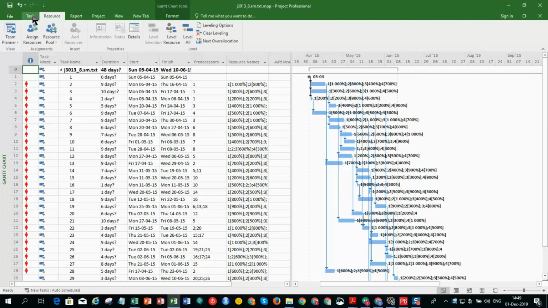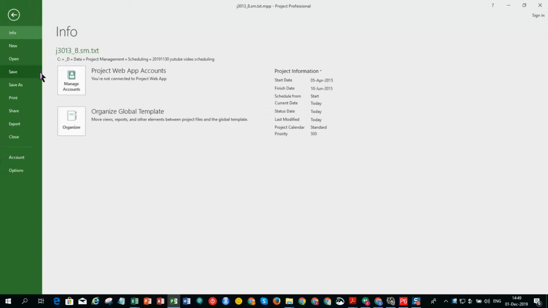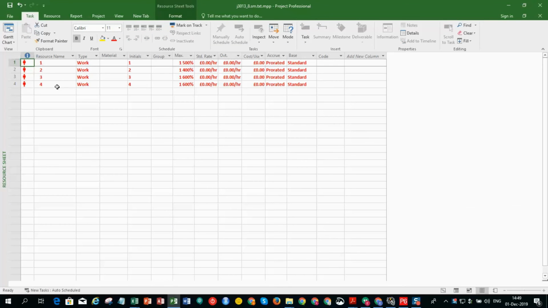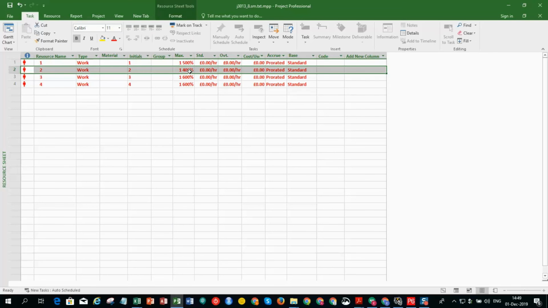It also has some resources, namely four resources. Resource 1, we have 15 of them, or 1500%. Resource 2, we have 14 of them. Resource 3, we have 16 of them. And resource 4, we have 16 of them as well.